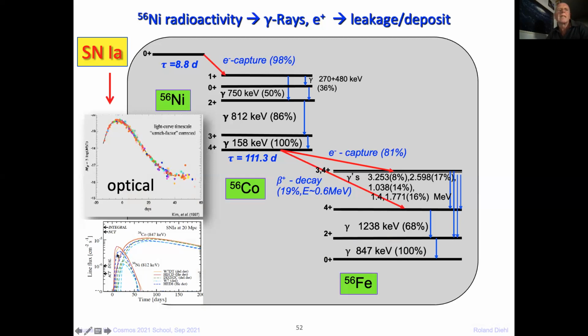And the nickel lines are some orders of magnitude fainter than the cobalt lines because the supernova actually is expected to be optically thick even for gamma rays in the early time up to about 100 days. So this brightness evolution actually shows the dilution of the ejecta also for gamma rays. And for optical, that would be even later. So the nebular phase for optical is only after a few hundred days.